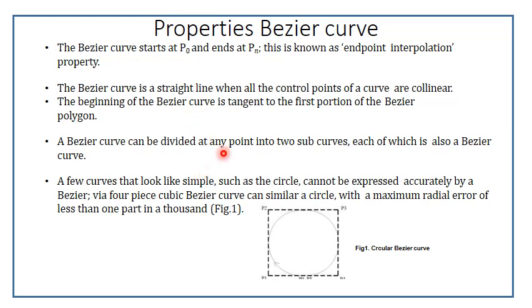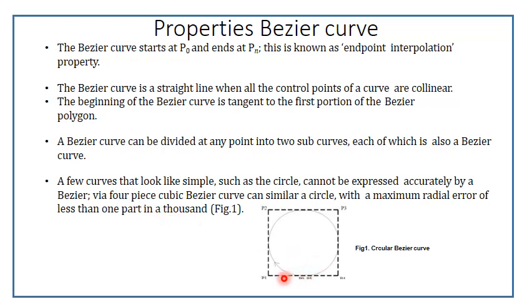So the starting point will also have a tangent as in the Hermite curve. The only difference is the Hermite curve follows interpolation, as I said earlier.